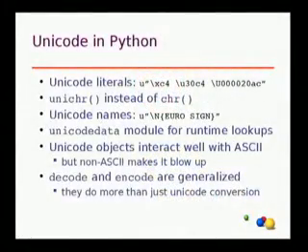So in Python, Unicode is pretty convenient, except where it mixes with strings. You can have Unicode literals, which look just like string literals, except you have a couple more escapes, besides the normal \x escapes and \o and \0. You can have \u, which is a short Unicode escape, and \U, which is a long Unicode escape.